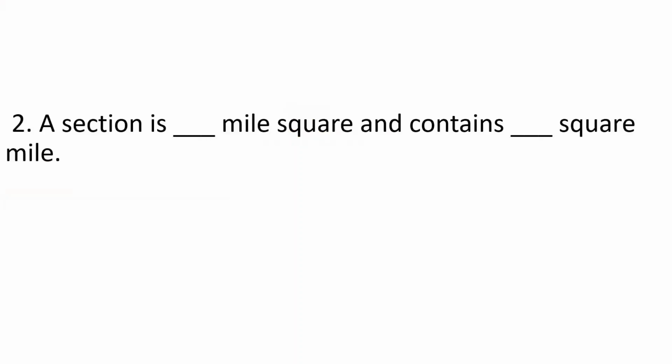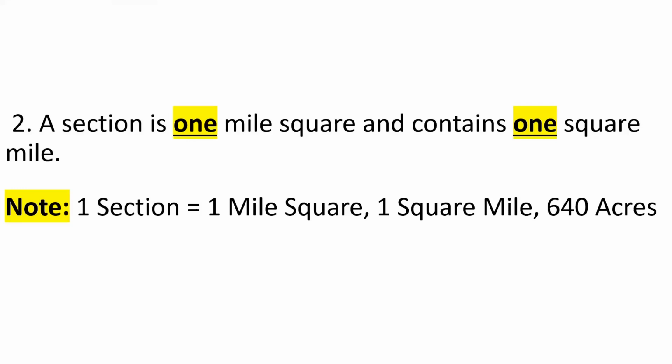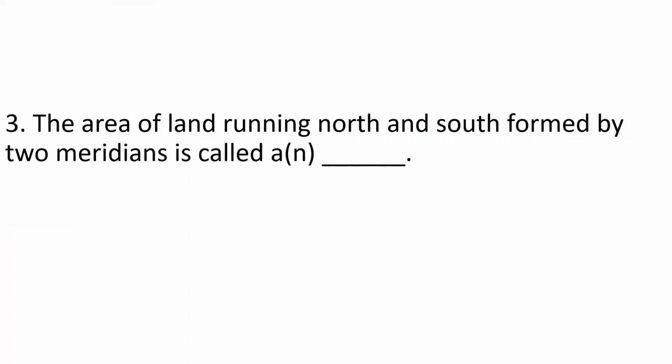Number 2, a section is blank mile square and contains blank square mile. Well, we just discussed that. These are many different ways they can ask you that simple question. Again, a section is 1 mile square or 1 square mile or 640 acres. All of those are characteristics of a section.